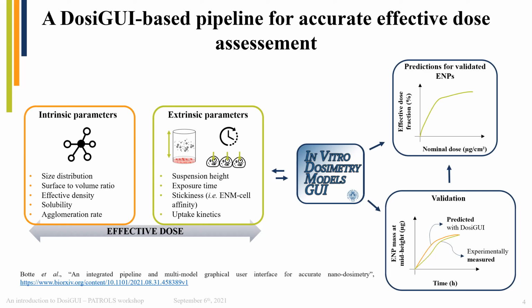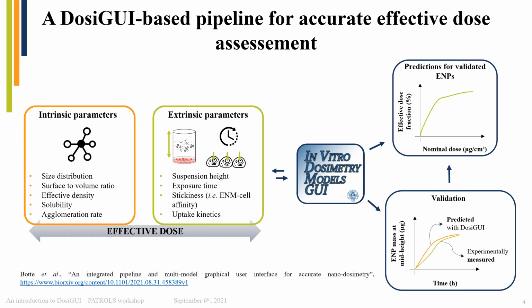In particular, physicochemical properties of the nanoparticle of interest, which we want to simulate the dynamics, should be characterized in detail, as well as the extrinsic parameters typical of the experimental setup.